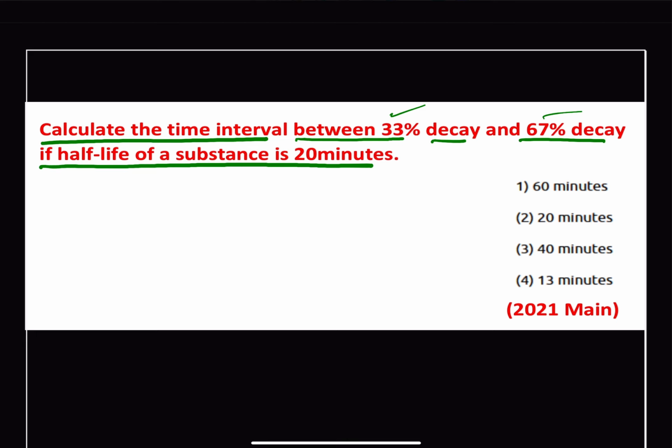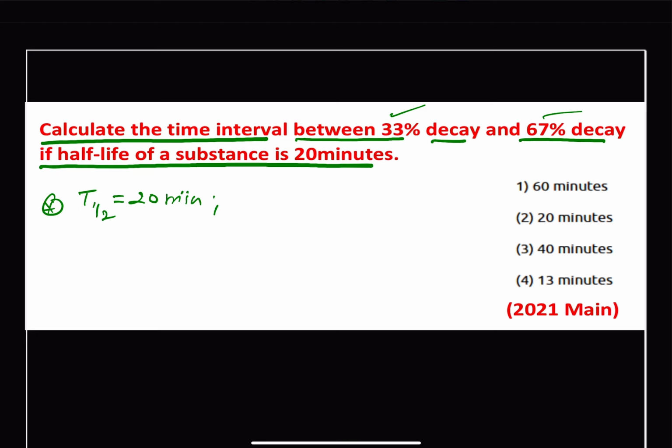So we start with what is given as half-life. We are given T half, which is 20 minutes, and we are given 33% decay.